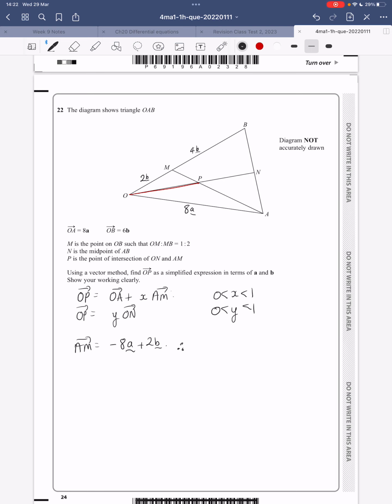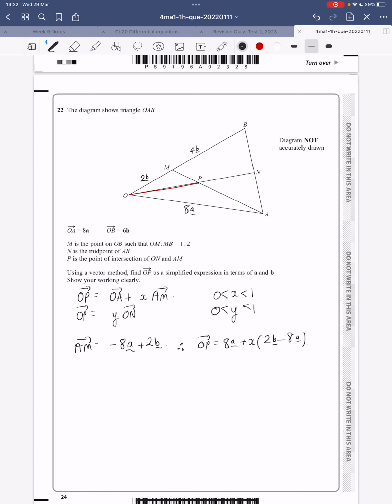So O to P is O to A, which is 8A, plus x lots, and I'll put the 2B first, minus 8A.